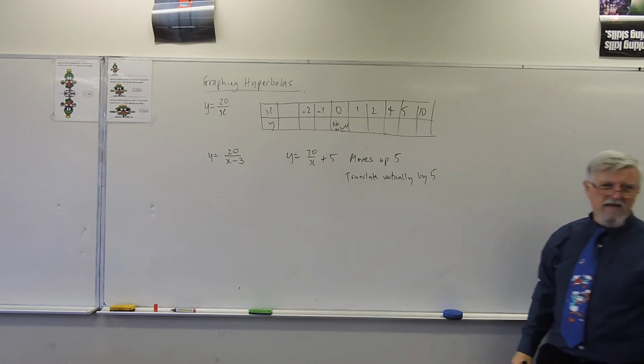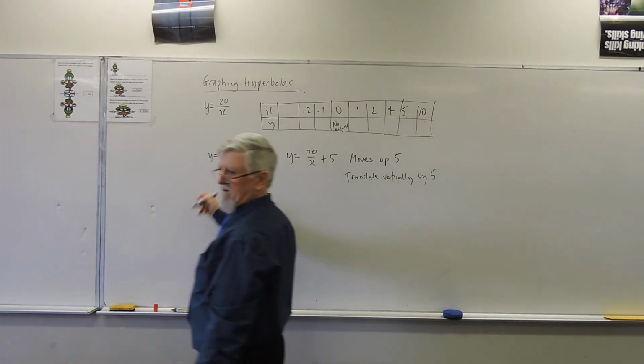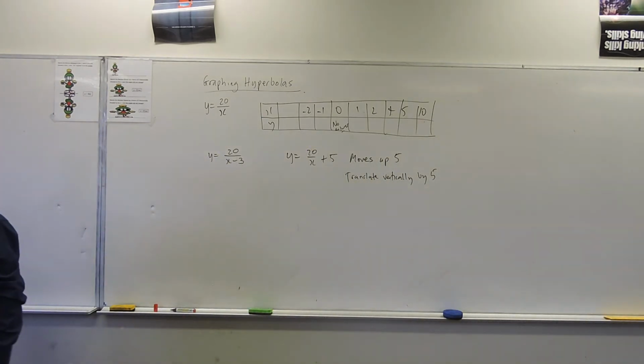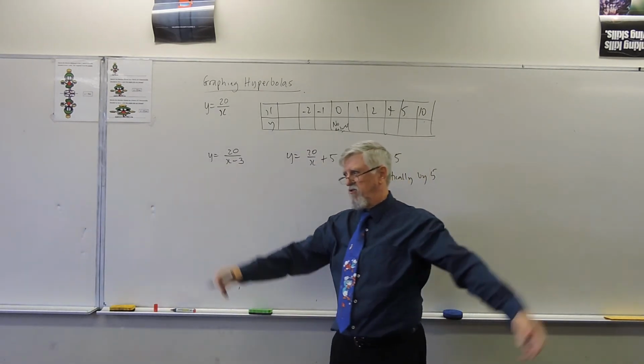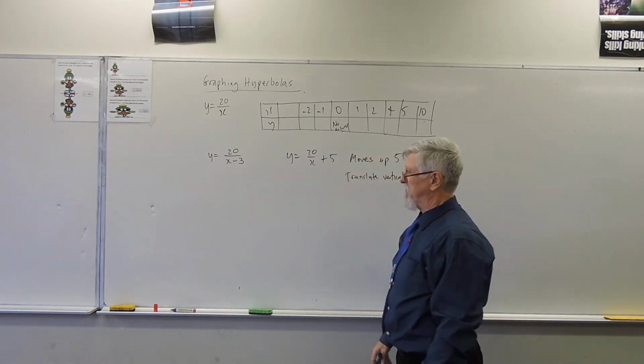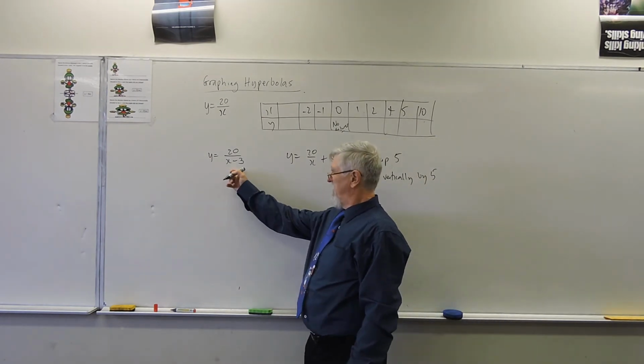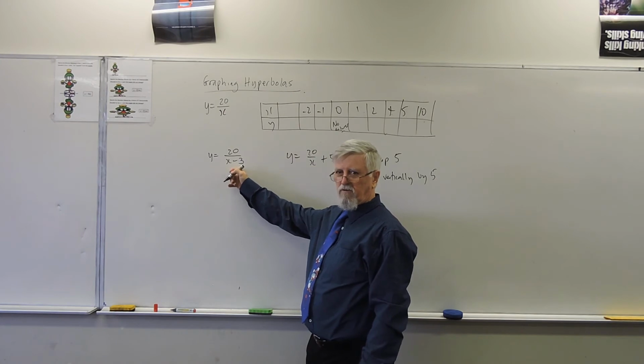Now I want you to have a guess what the last one is. Which way? Is it going to go left or is it going to go right? And by the way, if you weren't sure, you put some numbers in and see what happens, which is back to substitution. Does it move it left or does it move it right?